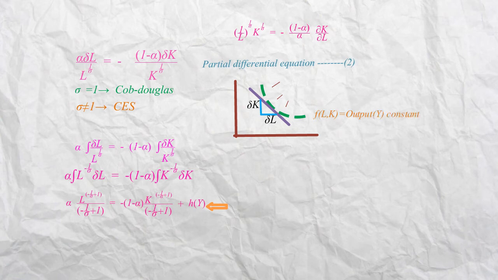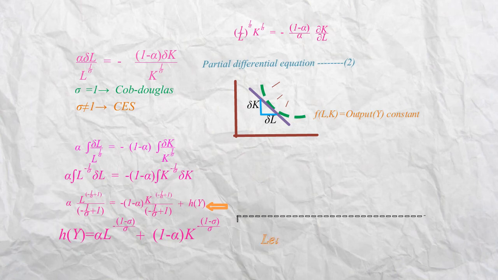So, our arbitrary constant will be some function of output, and that is what this h of y is. The denominator cancels out here, and h of y will not affect it because we have just said that this is an arbitrary constant, which is some function of output. If we divide that constant by another constant, the result will be another constant, which will be a certain function of the output, so no generality is lost.